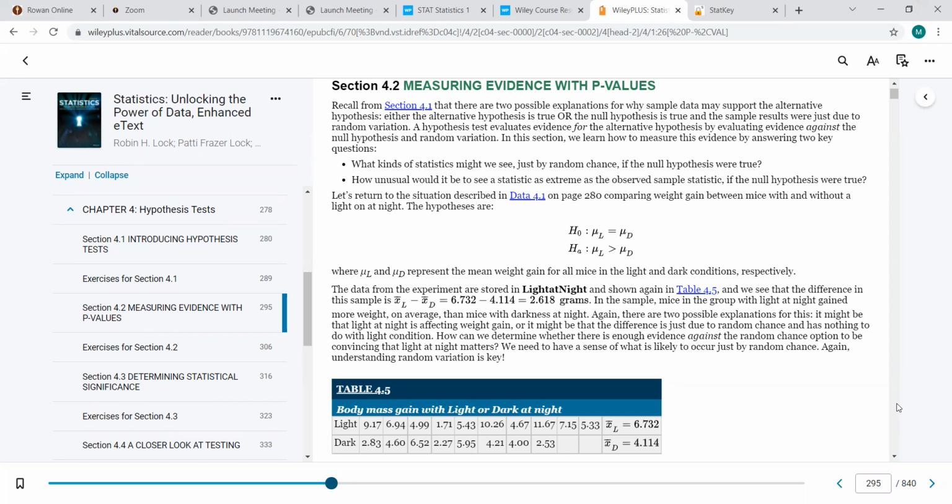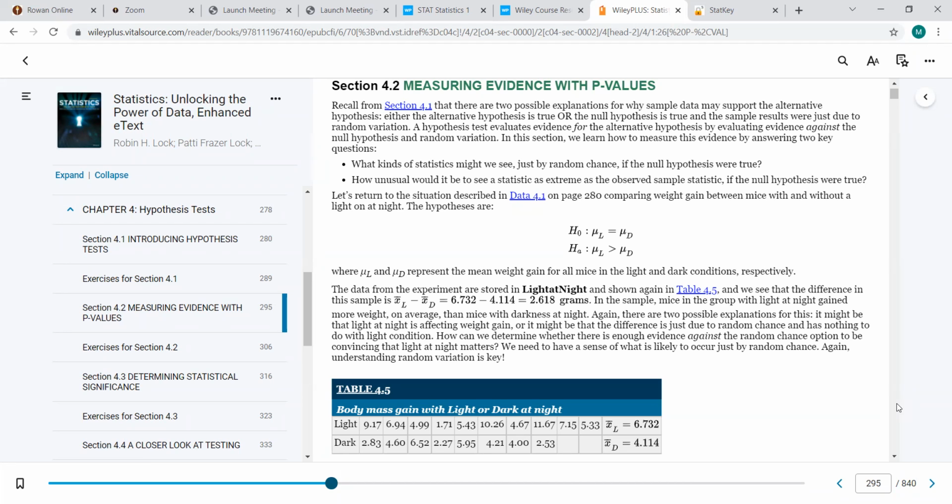which is the example I showed last time, where some mice were exposed to light while they were sleeping at night, and some were in regular dark conditions. Their hypothesis was that the light would actually be damaging to the mice by increasing their body weight, by increasing their mass.